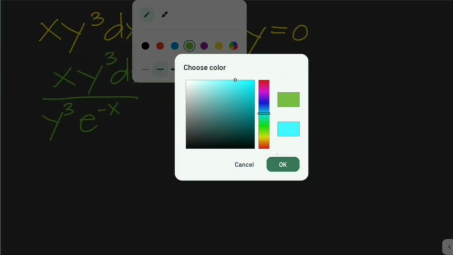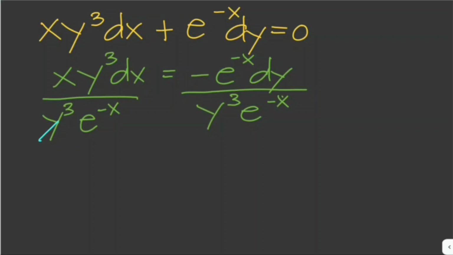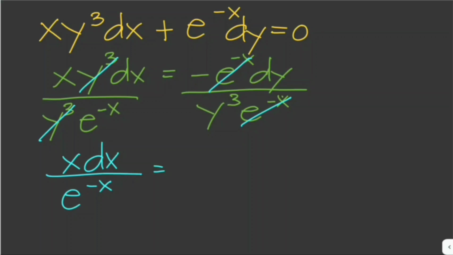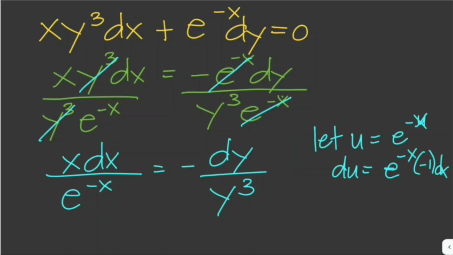Y cubed here cancels out, as well as e to the negative x here, and then we're left with x dx over e to the negative x equals negative dy over y cubed.